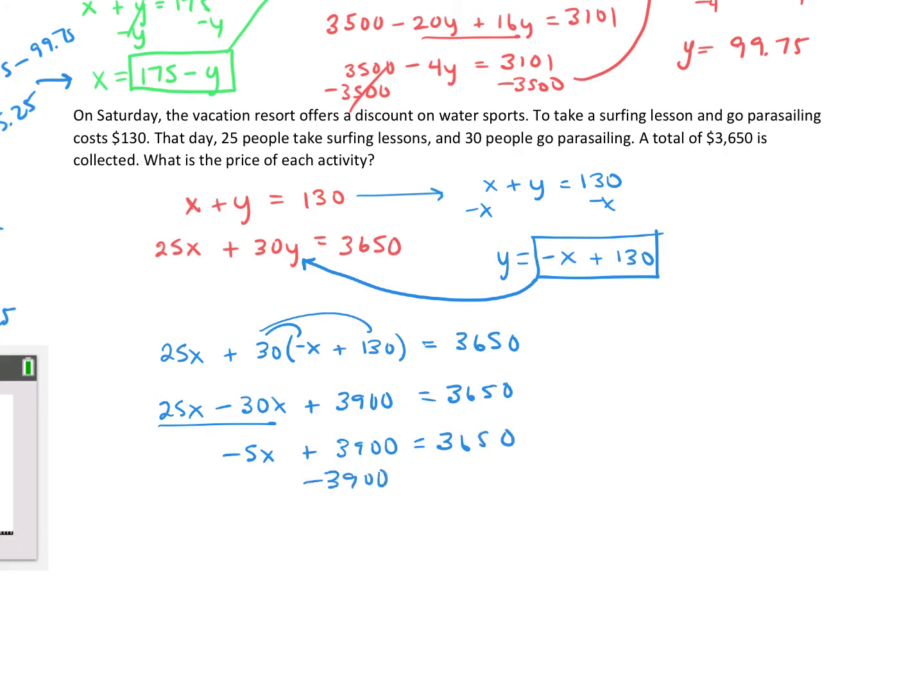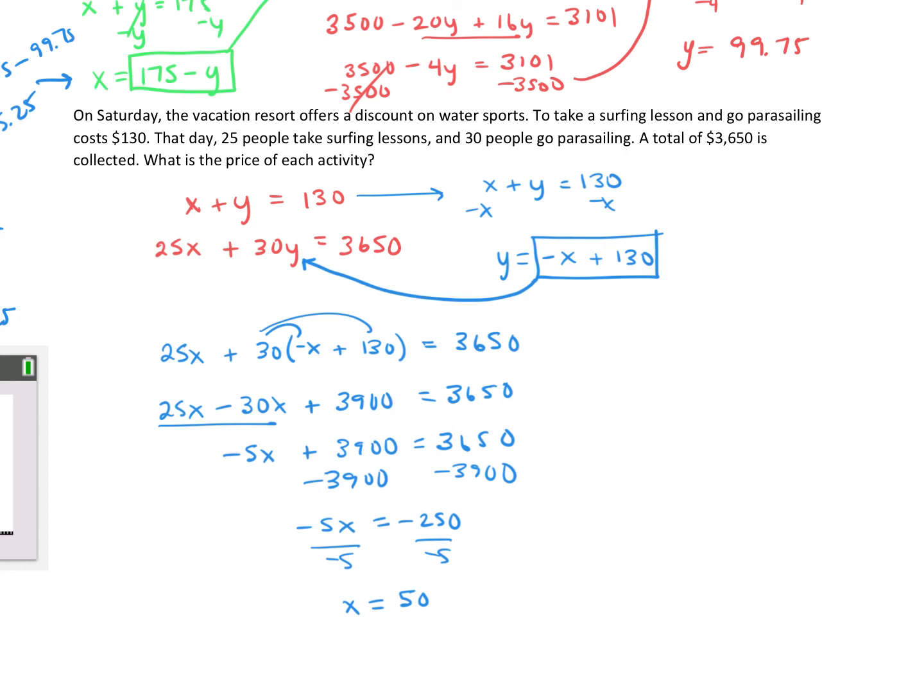Subtract 3,900 from both sides. Negative 5x equals negative 250. Divide both sides by negative 5, and x equals a positive 50.